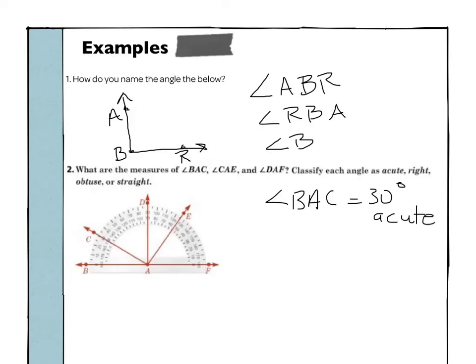If we look at angle CAE now, just looking at it, this goes from 30 to, let's just say, 125. So 125 minus 30 is going to give us 95. So we know that's bigger than 90, so that should be an obtuse angle.